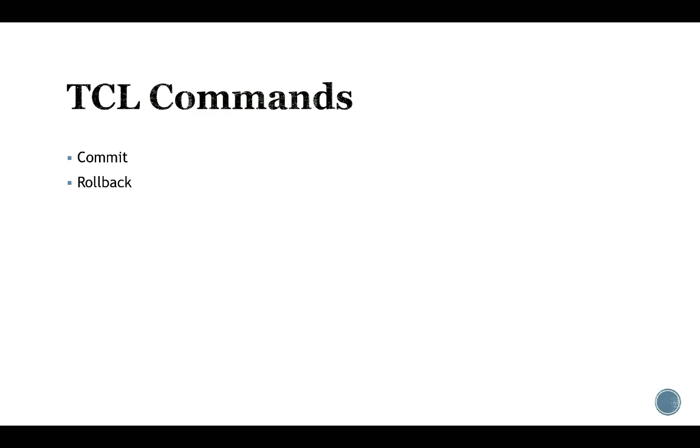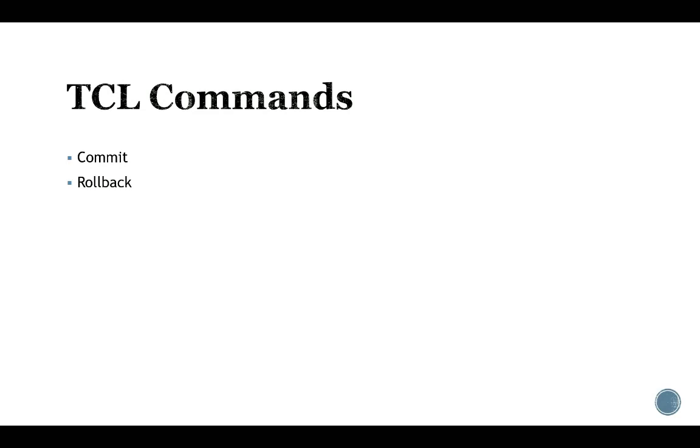What is this rollback command? You have done some changes to the data in the database and you don't want to commit those changes. By giving a rollback command, it will try to remove those changes. In a simple, normal world, when you type Control Z on your keyboard, it will bring back your previous snapshot, your previous changes.